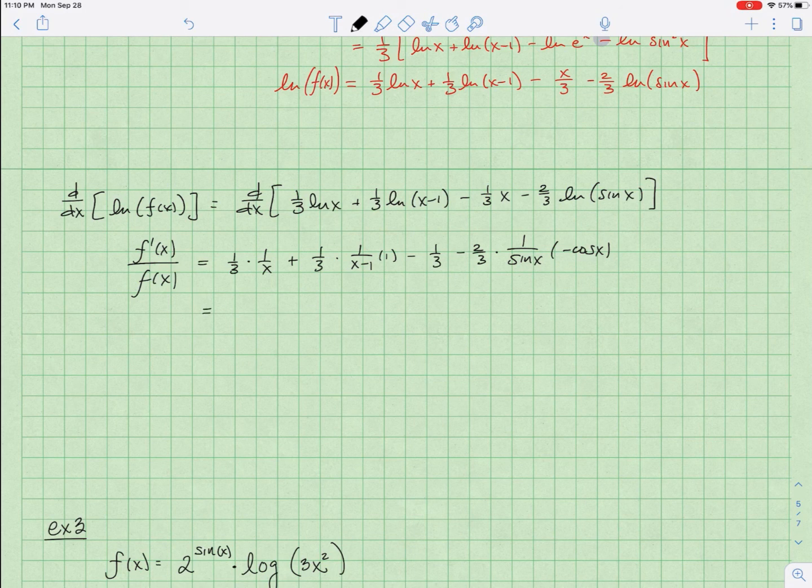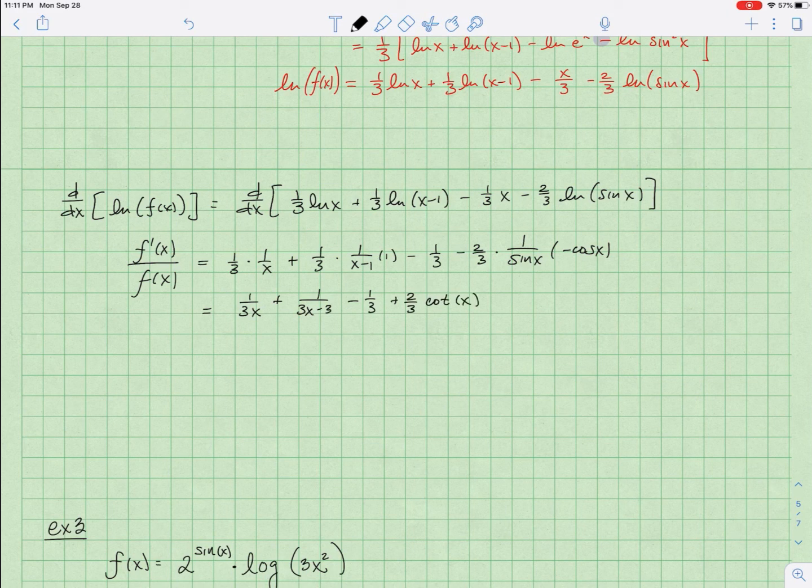And cleaning this up, we have 1 over 3x plus 1 over 3x minus 3 minus 1/3 plus 2/3 times the cotangent of x.